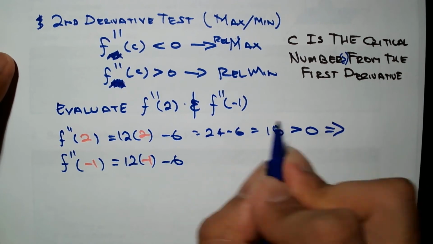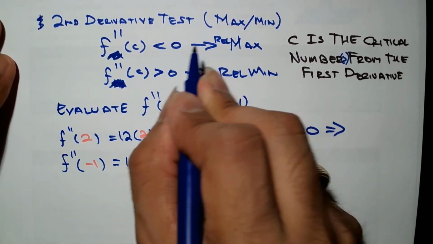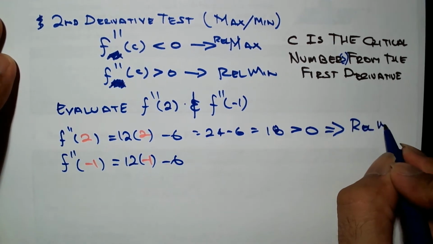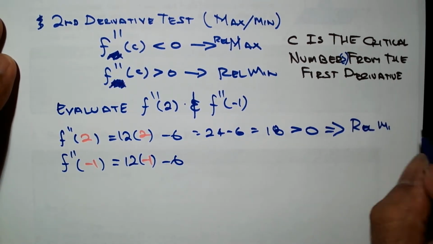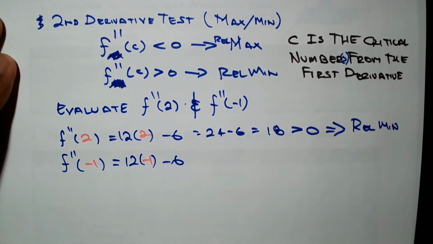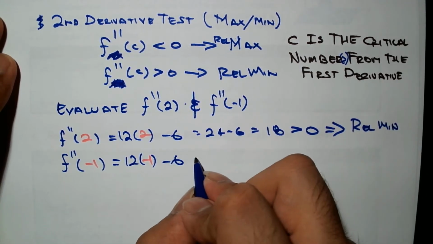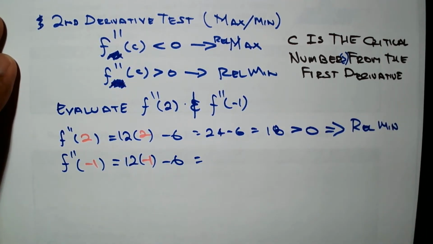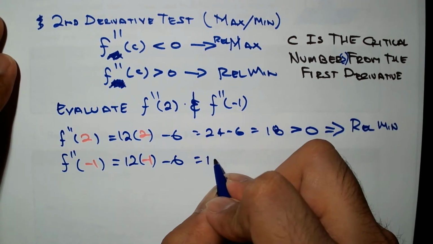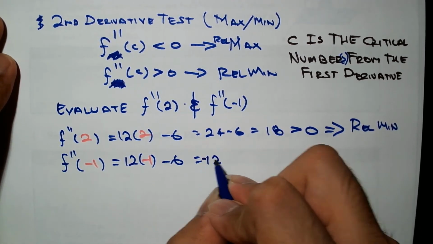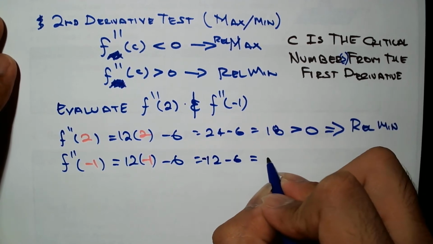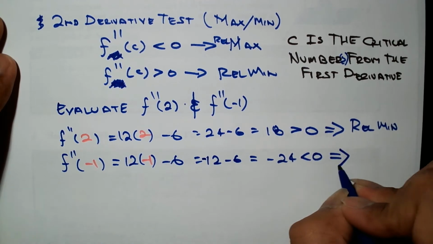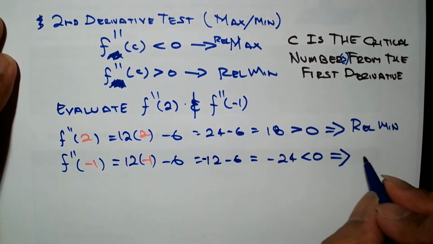That means, according to the test, we are going to have a real min. And then f double prime at -1: 12 times -1, which is -12, minus 6, that's -24, which is a number less than 0, a negative number. Well, what do we get? A real max.